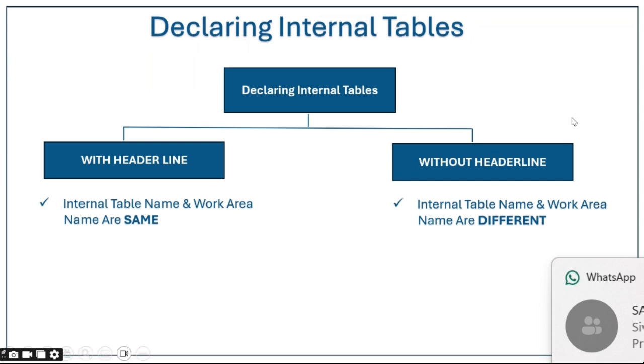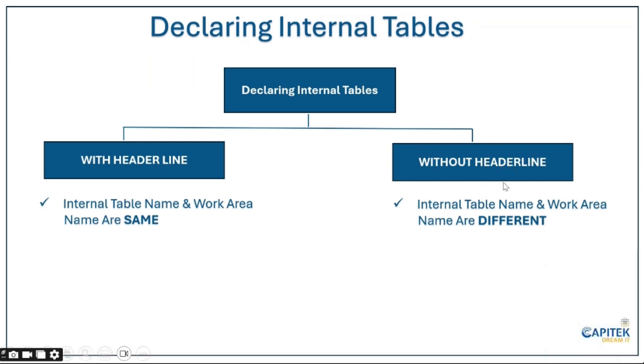We follow the technique without header line. Most of the times we follow the technique without header line. It means we follow creating the internal tables without header line. It means the internal table name and the work area name are different.